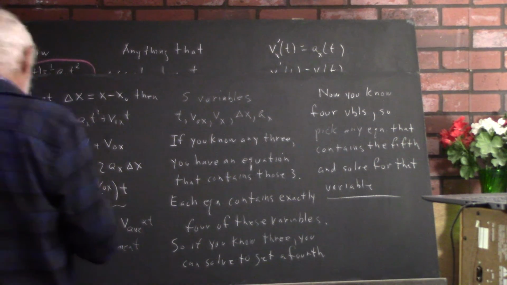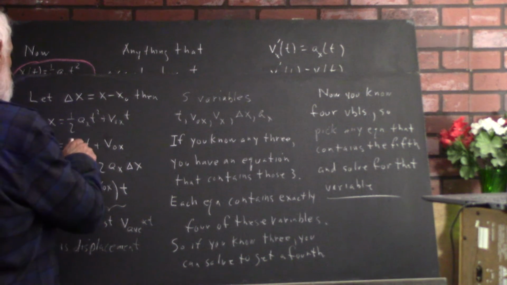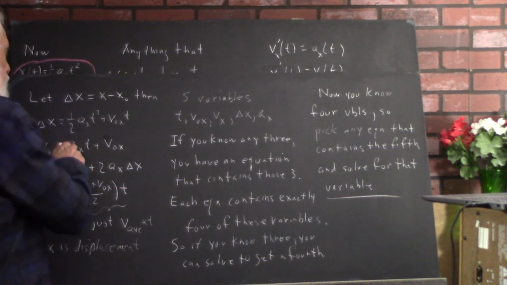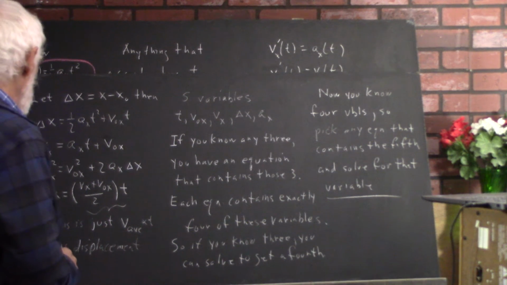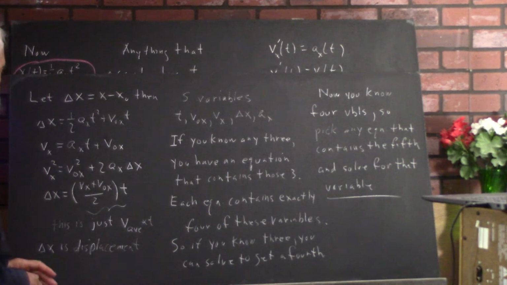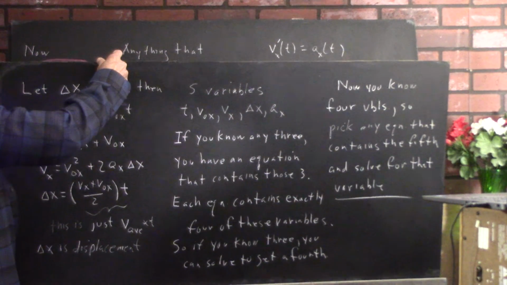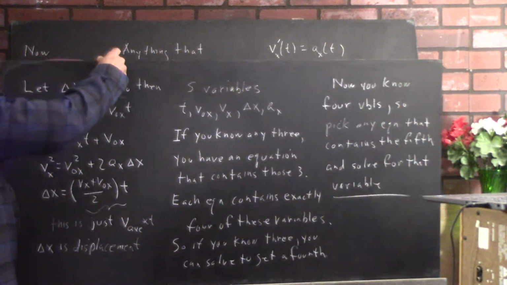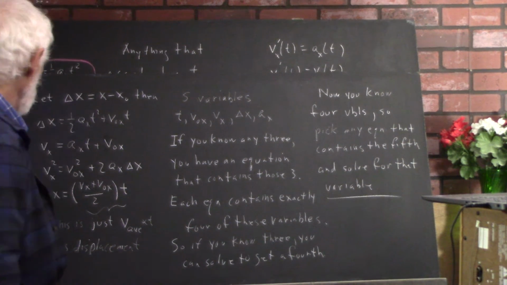Apparently I'm writing symbols without thinking, so I'm kind of discouraged. Delta x equals 1/2 a sub x t squared plus v naught x t. And let's see if I wrote it right over here. I almost certainly would have, yeah. Okay, I wrote it down carelessly here.